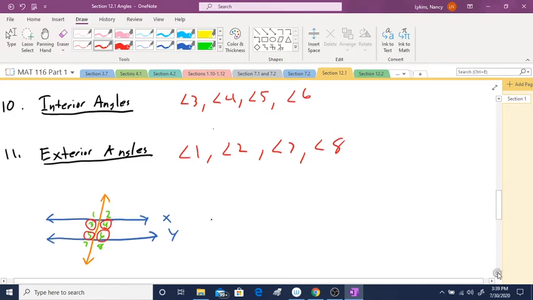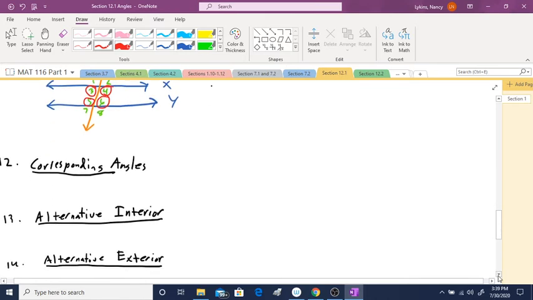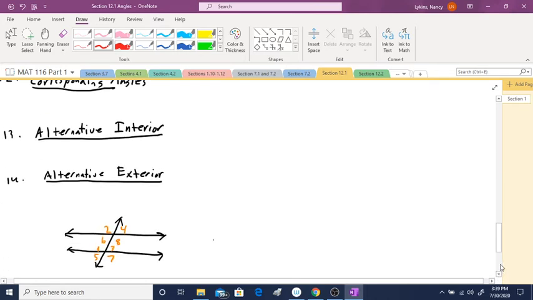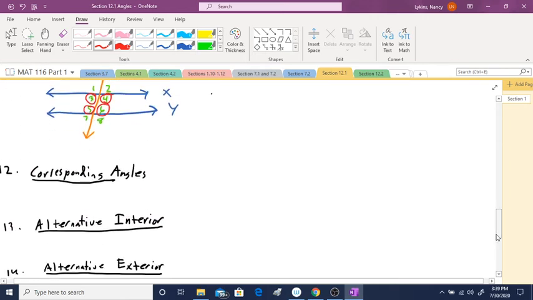Now, I want to use the same one. I've squeezed it in to use what corresponding angles are, alternate interior and alternate exterior angles.